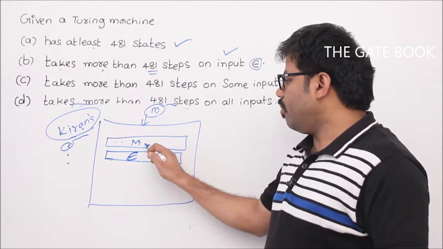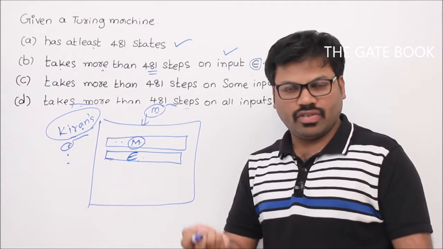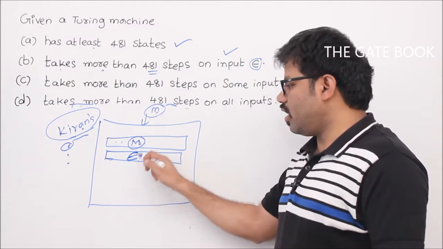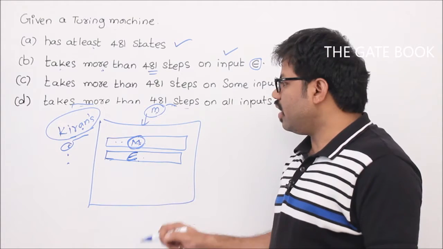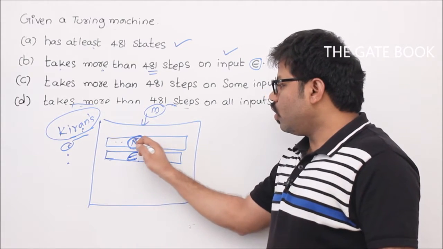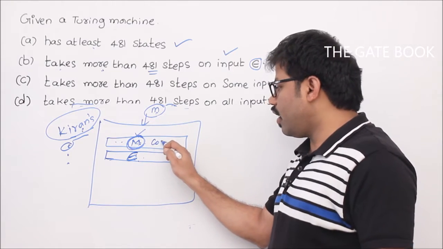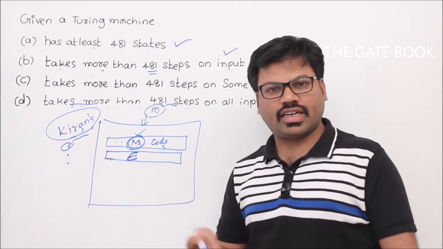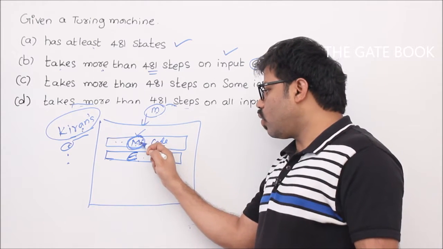So finally we have M and epsilon. After that I simulate, because we know how to simulate a Turing machine on an input. So simulate this Turing machine M on epsilon. That means Kiran's Turing machine should do whatever M is doing on epsilon, because we have a code for it. Already I told you, that's why this time I don't want to discuss it. Because we have the code of M, we can run that code on epsilon.